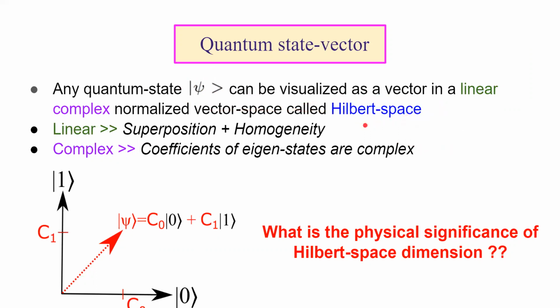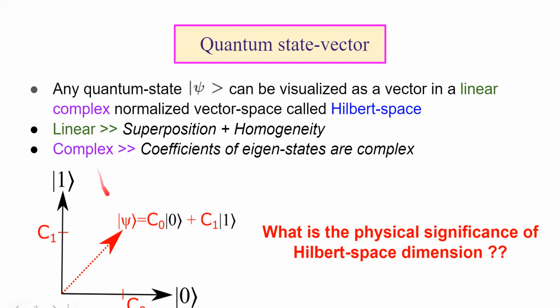Basically, this Hilbert space is nothing but a normalized vector space, which is linear and complex in nature. In other words, being normalized means any vector that can be defined in the Hilbert space has normalized, unit magnitude, right? And every vector follows the law of homogeneity and superposition. That's why it is a linear vector space.